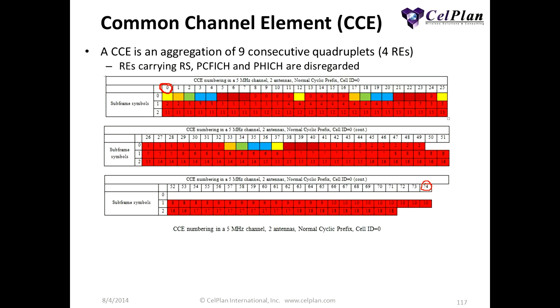It becomes ridiculous. So here basically I placed the PCFICH and the PHICH quadruplets. It goes all the way up to here, and then I start numbering the CCEs. So CCE 0 is 1, 2, 3, 4, 5, 6, 7, 8, 9.